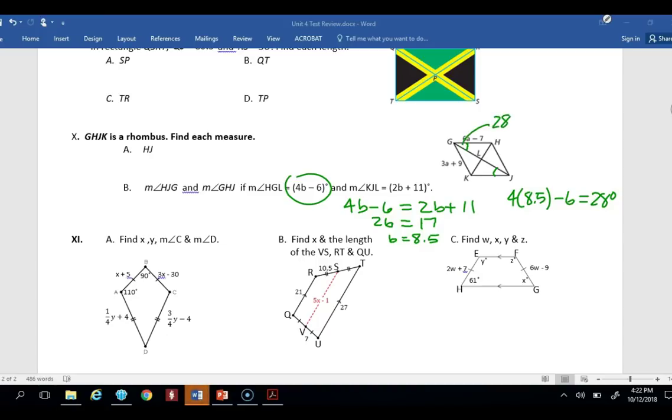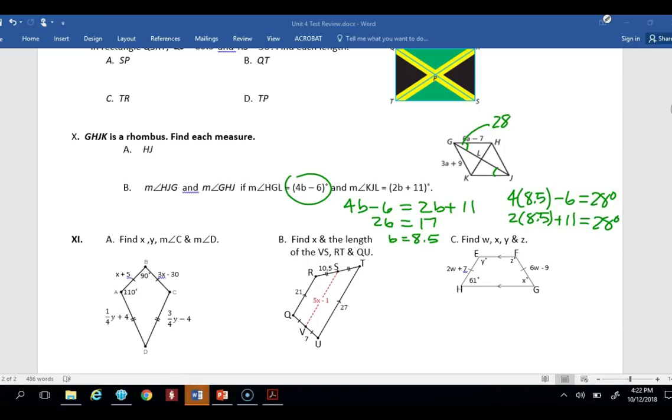And that other angle ought to be 28 as well, KJL. So let's just make sure it is. So 2 times 8.5 plus 11, 2 times 8.5, that would be 17 plus 11. Yep, that's 28. So both of those angles are 28, so we know we got the right answer.